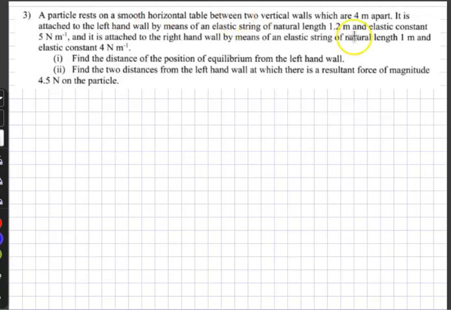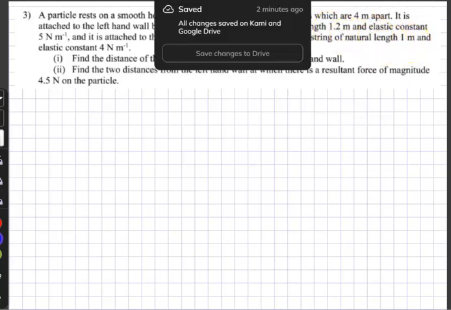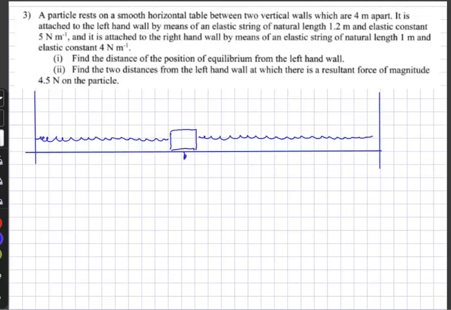So straight away we appreciate that the total distance is 4, and we've got these two strings. One's 1.2 meters and the other's 1 meter. So they're going to have to extend in order to span across the 4. Let's draw a diagram.